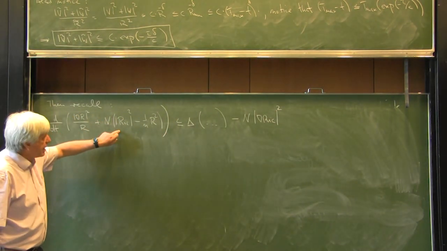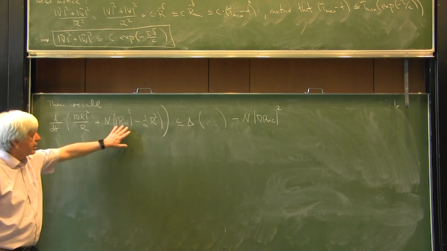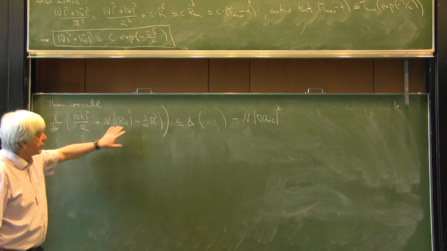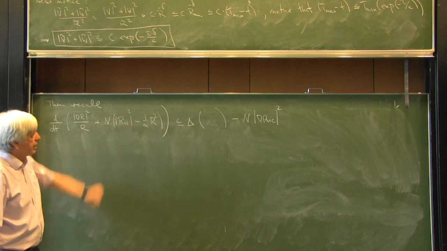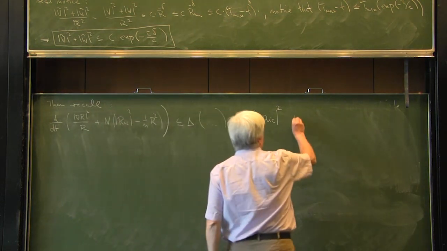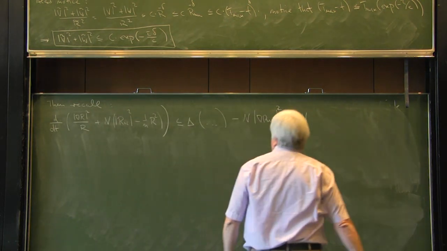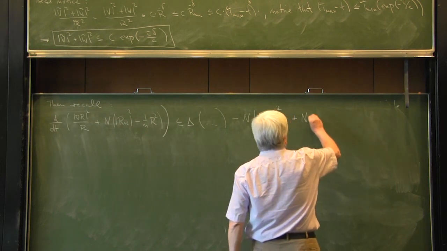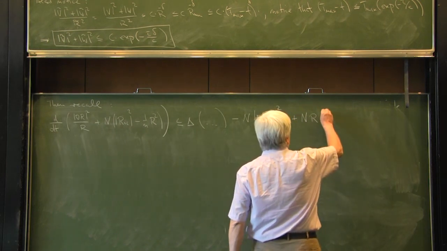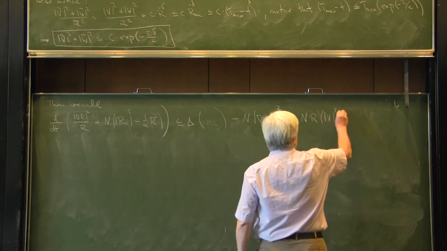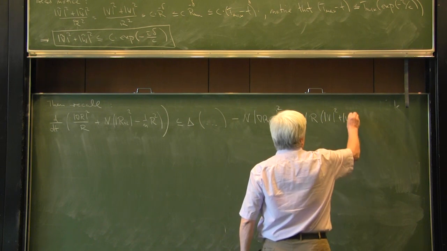Remember, this was the lemma where we decomposed the gradient of the Ricci tensor into these irreducible terms, and then we got something extra from the Bochner term in here. And we only had to pay for this by some term n times r times something that involved v squared plus w squared.